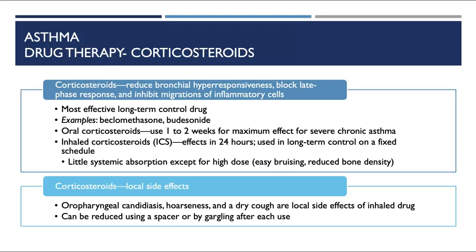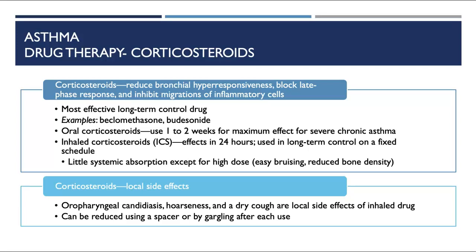Corticosteroids help to reduce bronchial hyperresponsiveness, block late phase response, and help to inhibit migration of inflammatory cells. Most effective long-term control drug. Examples are beclomethasone and budesonide. Oral corticosteroids are usually used for 1 to 2 weeks for that maximum effect during a severe chronic asthma attack.